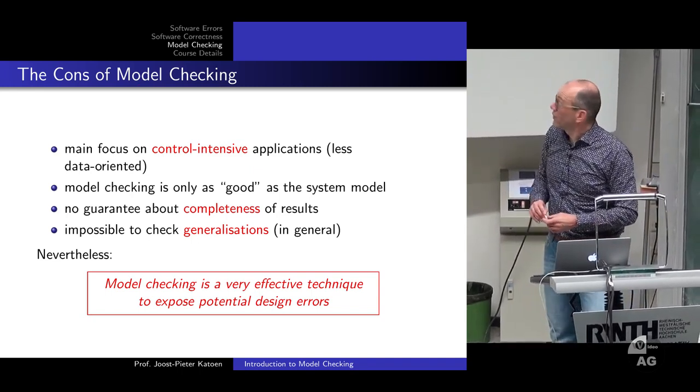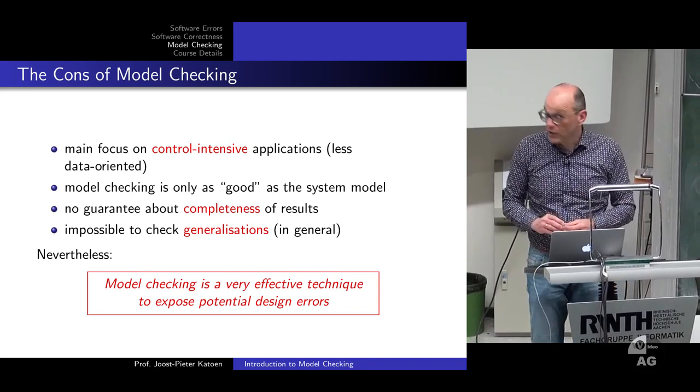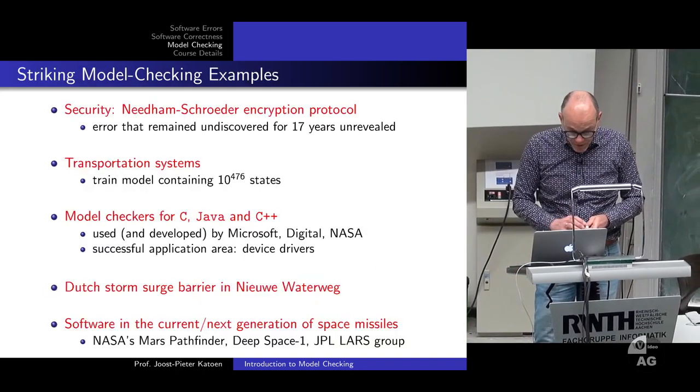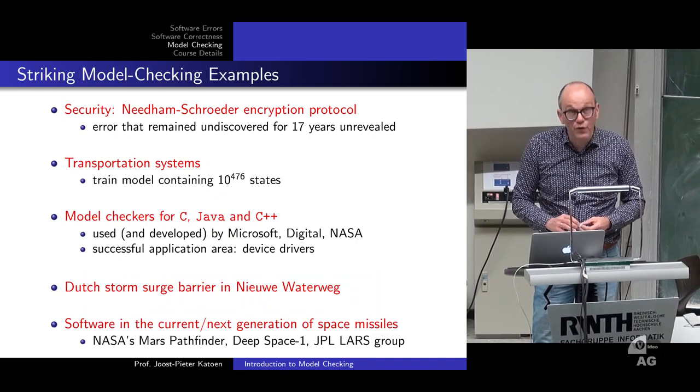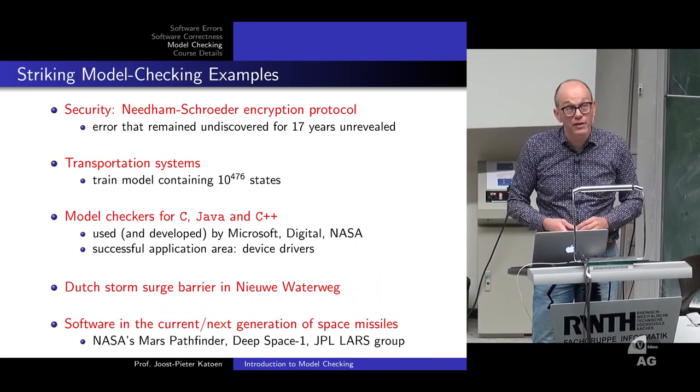Nevertheless, model checking is a very effective technique to expose potential design errors. I would like to give you, in my opinion, some striking examples where people have used model checking to find bugs.